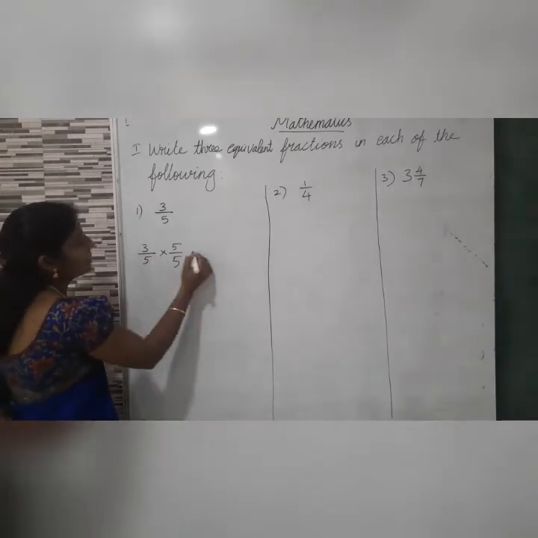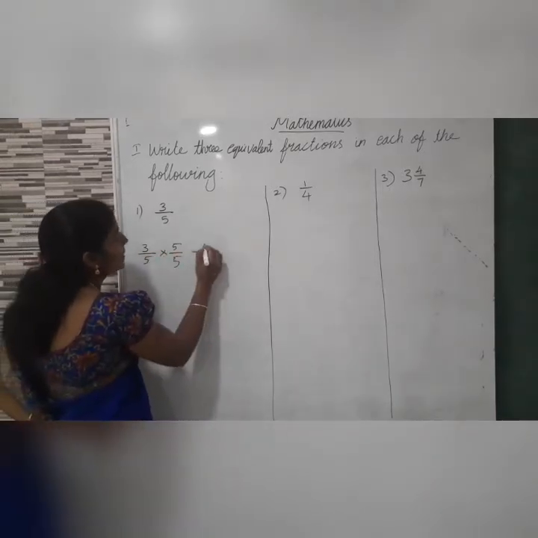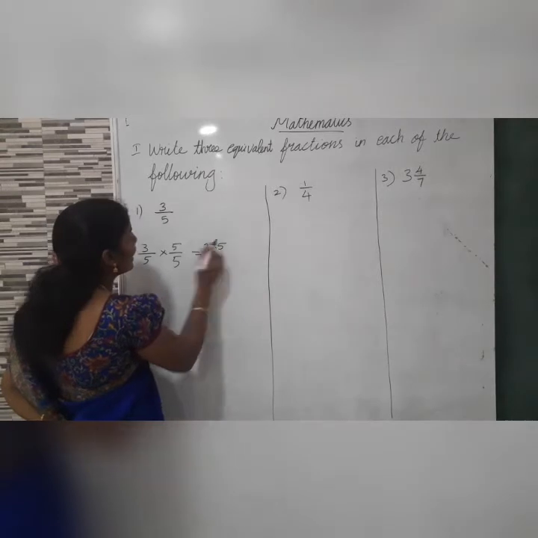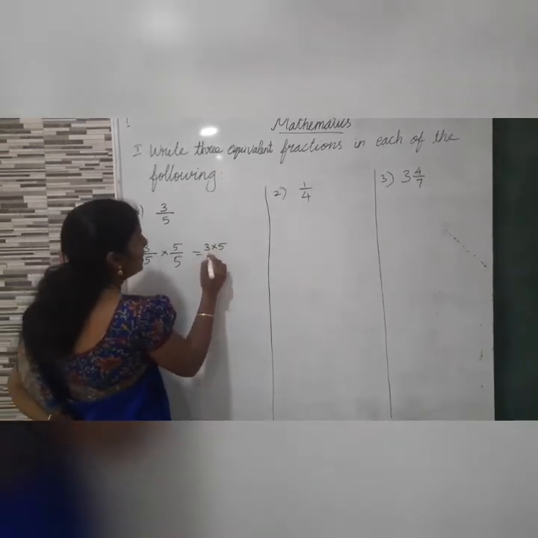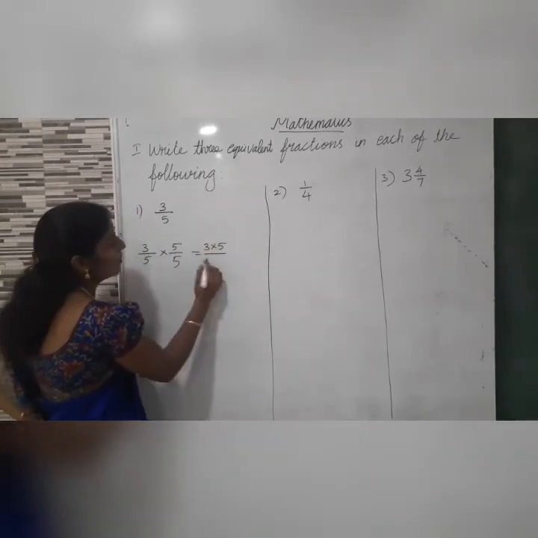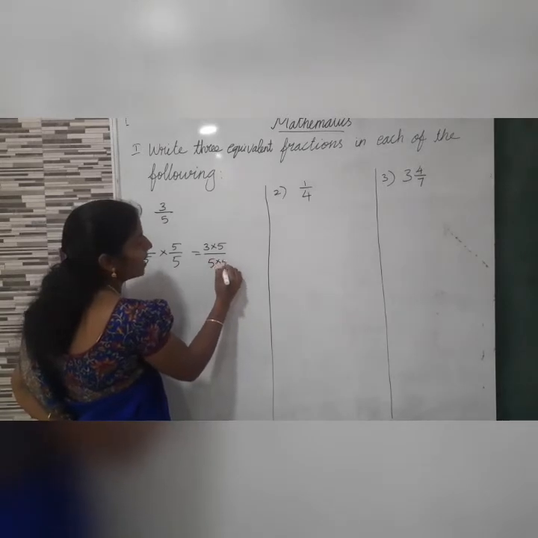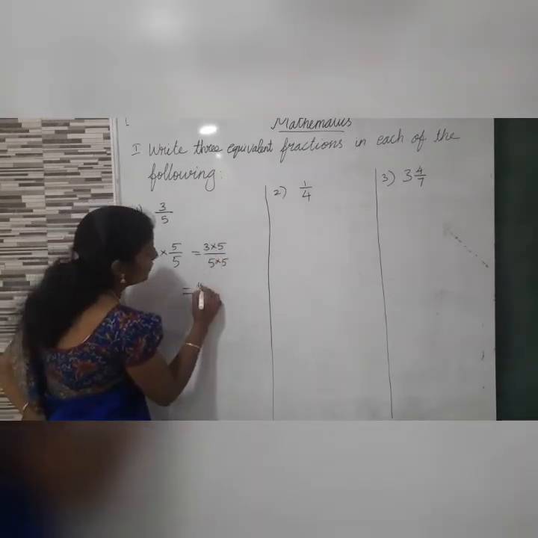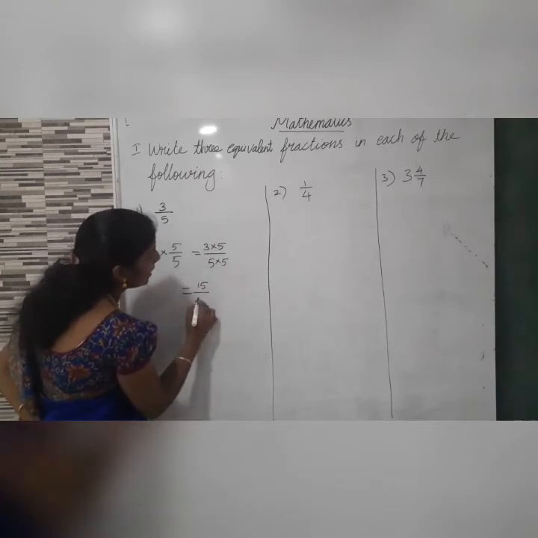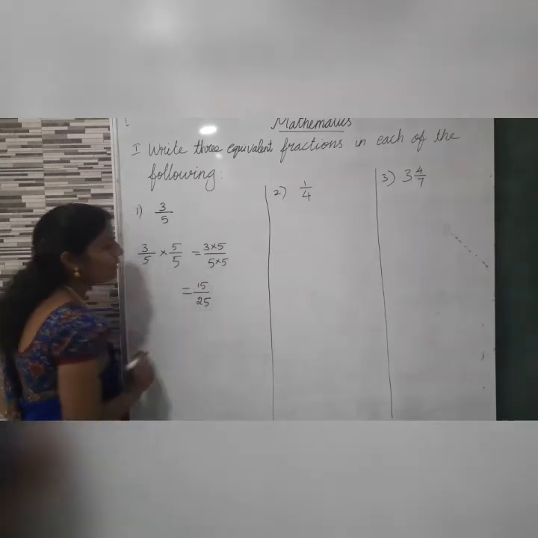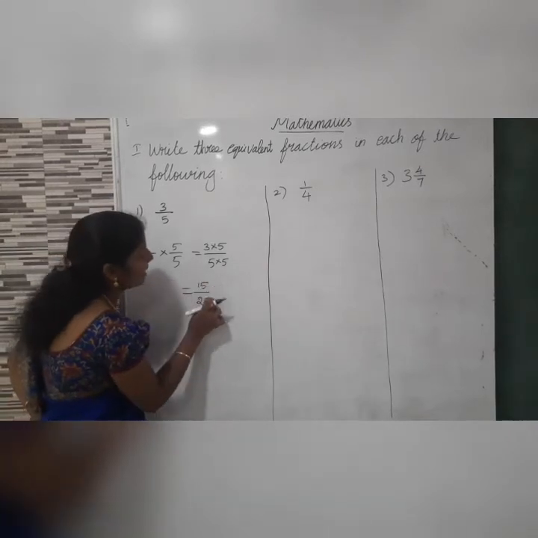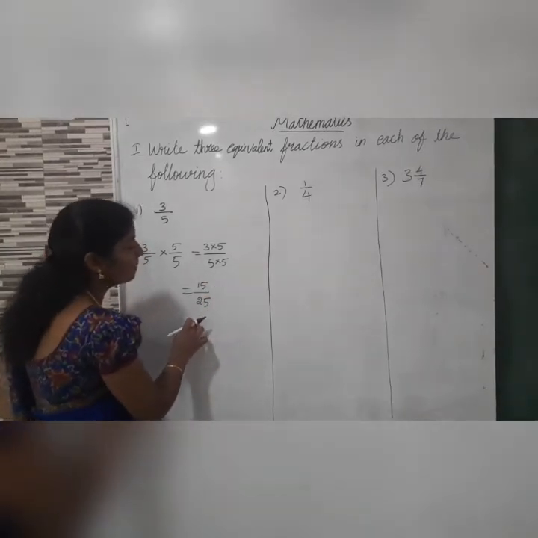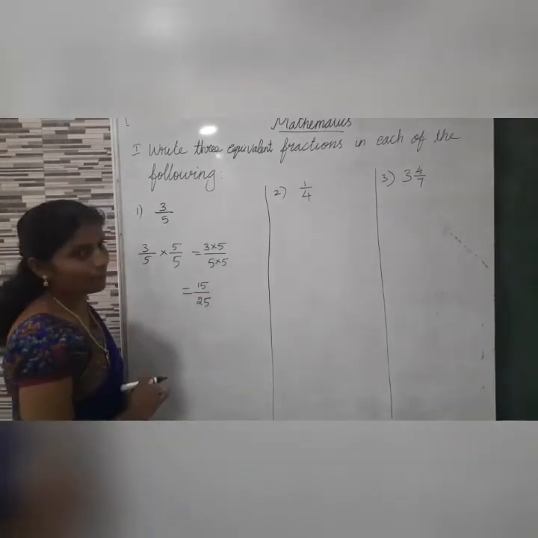Equal to 3 into 5 divided by 5 into 5. 5 3s are 15, 5 5s are 25. Now listen, this 15 and 25 are in the 5 table, isn't it?